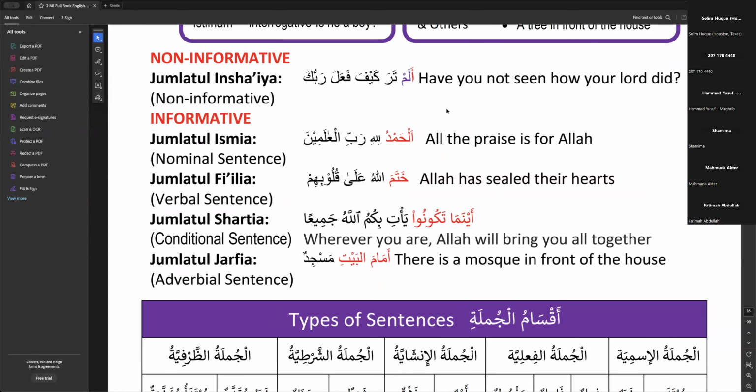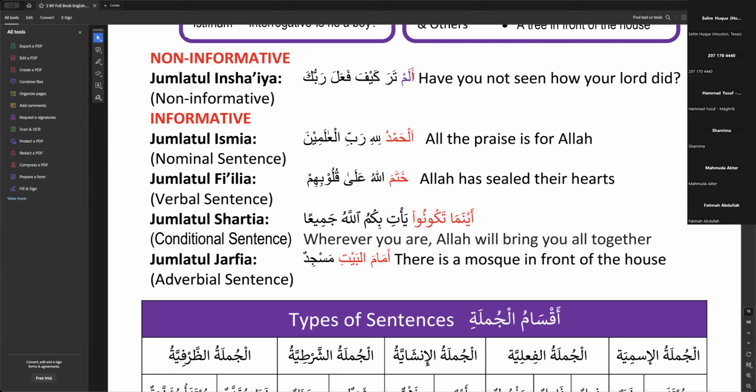MashaAllah. And the lam? Lam nafi, lam nahi, negation. Yes, negation. And the alif is istifham. Is that what you said? Yes. MashaAllah. Okay, everyone, have you taken a note of this?